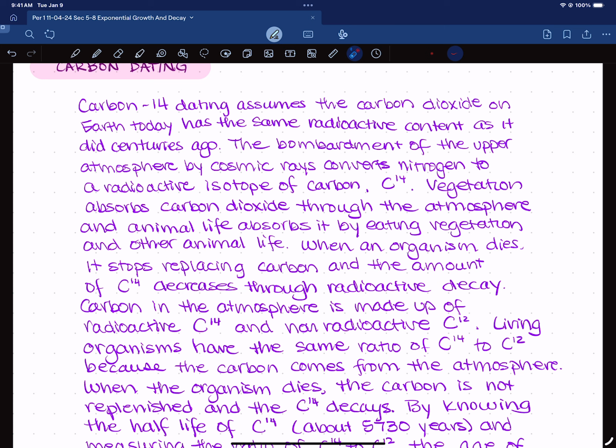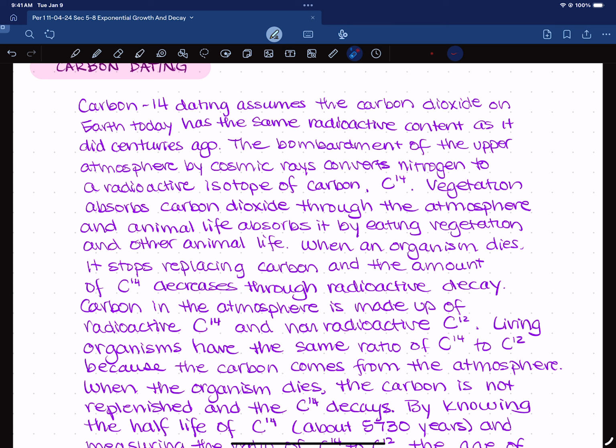And when the organism dies, it stops absorbing the carbon that's in the atmosphere. And so the C14 that it has inside starts to decay and becomes smaller and smaller, the percent. And by measuring the ratio, we can get an idea of how old something is.